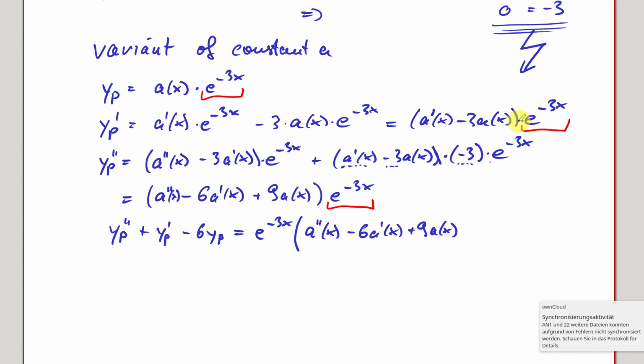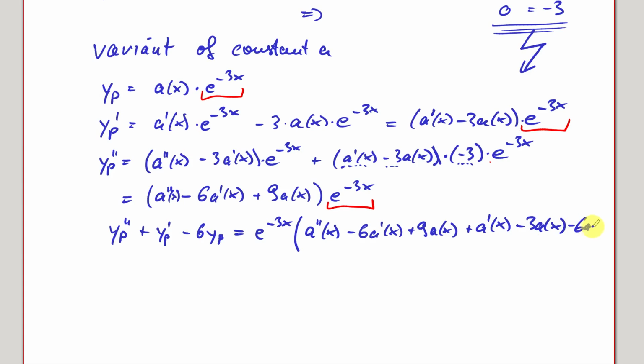Y prime is a prime of x minus 3a of x. And finally, we have minus 6 times y, and this is just minus 6a of x.